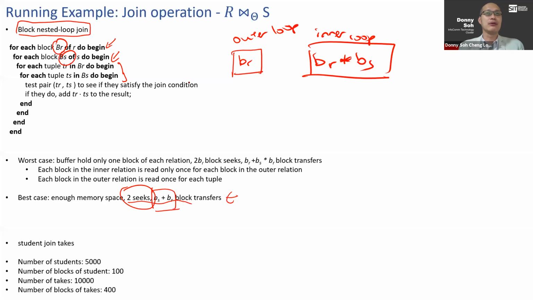In this scenario, every single block in my outer loop, I load my inner block 1 time. So that's why the cost here is going to be cheaper than that of the tuple nested loop join. And that's how we derive this expression over here.